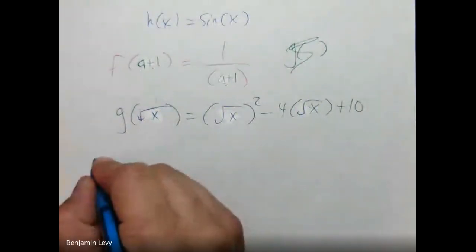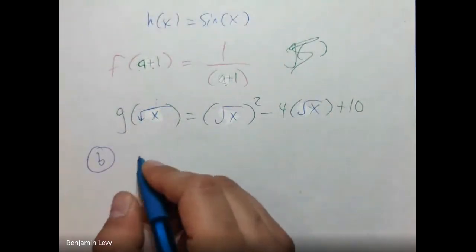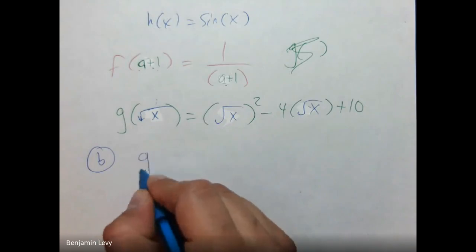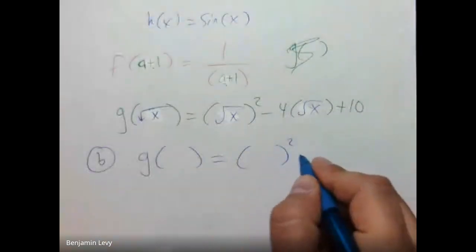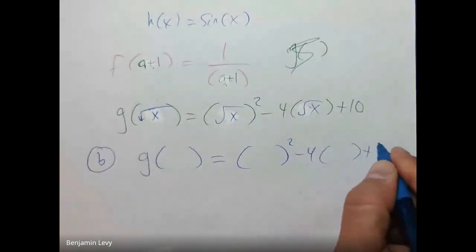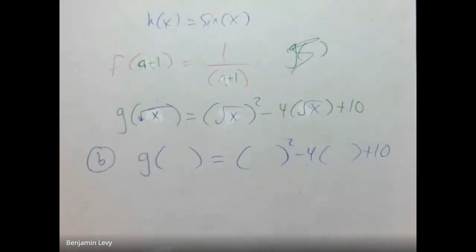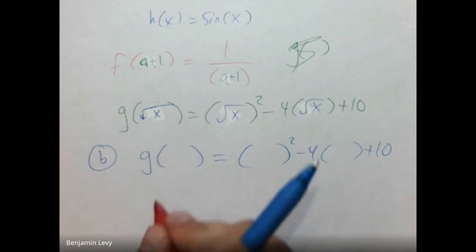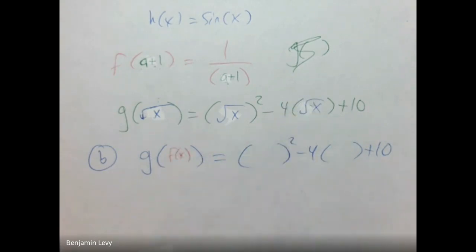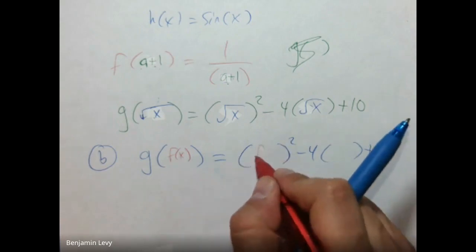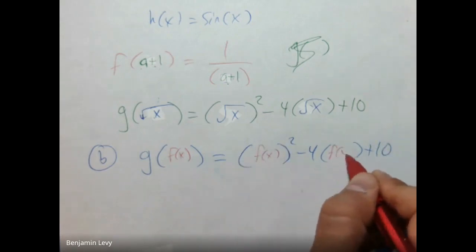But part B then asks for g of something. And so I'm going to mess around with g again. So I'm going to take the x out. And what are we putting into g? Well, part B says put f of x in there. And so if I put f of x in here, it also goes to the other 2 places.